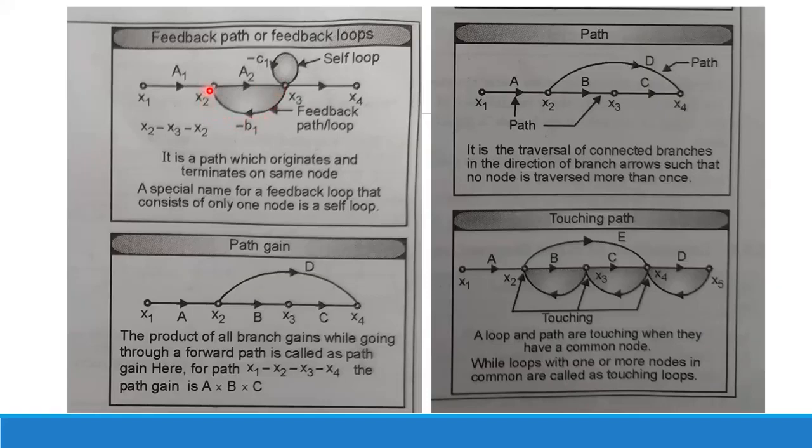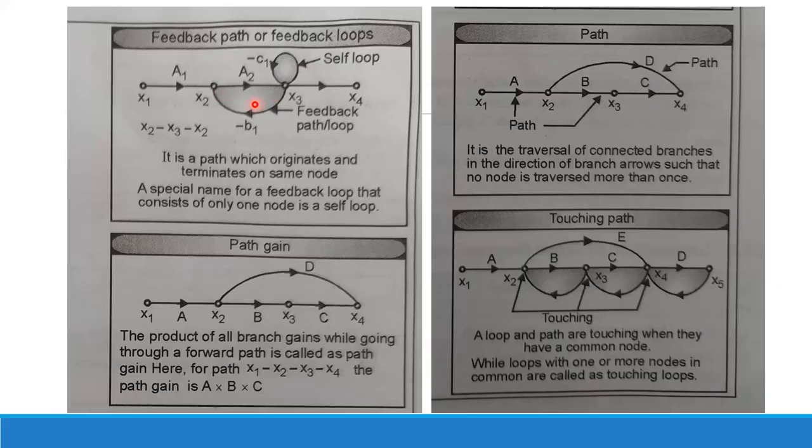So you come to the point where you started. Therefore it is called a feedback loop. It is a path which originates and terminates on the same node. So for this specific portion, the originating point is x2, then you come to x3, then from x3 you come back to x2. So this is a feedback loop.